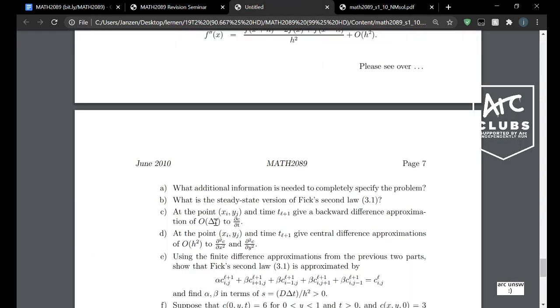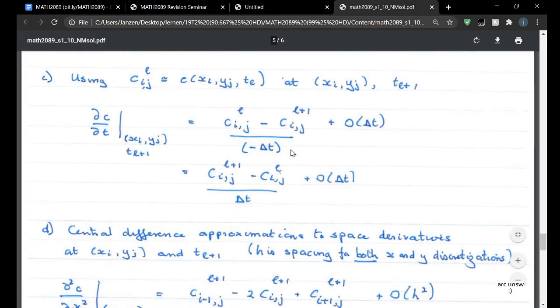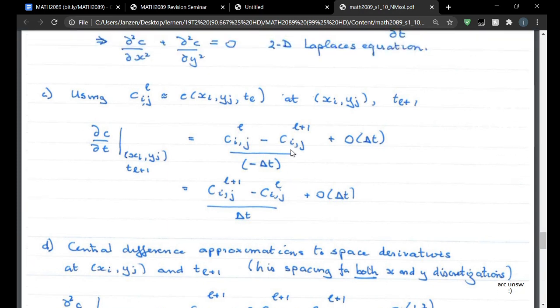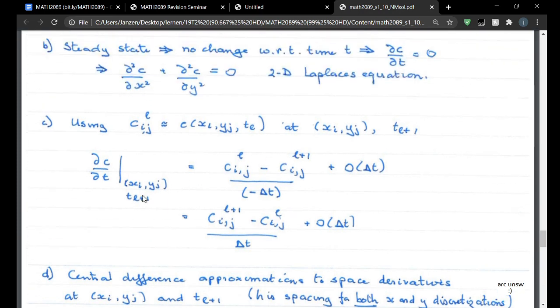At the point x_i, y_j, and time t_{l+1}, this gives us a backward difference approximation. It's really just substituting the i, j and l+1 subscripts and superscripts into the backward approximation equations.